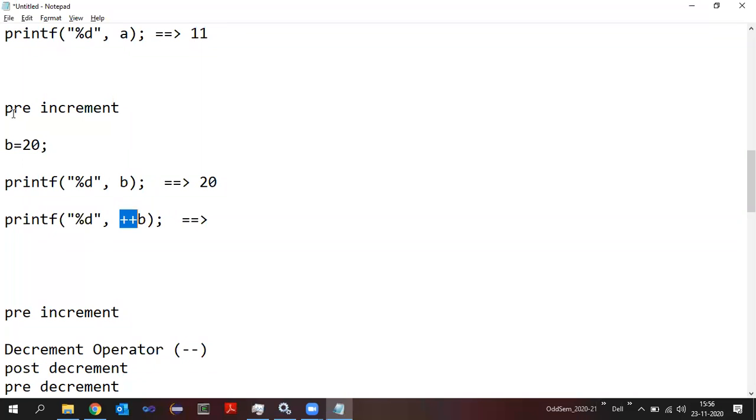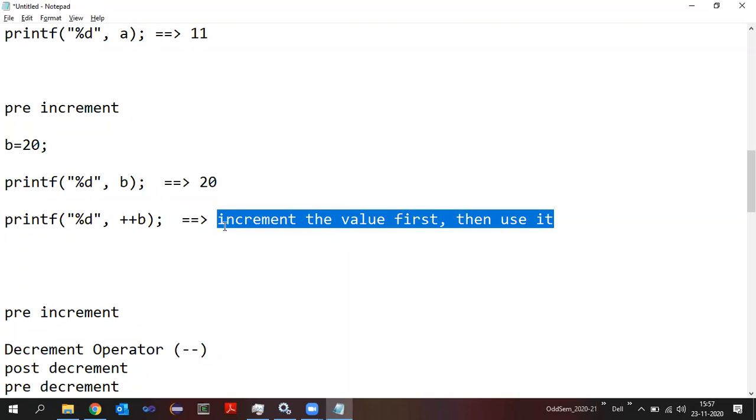It has to be called pre-increment. Pre means what? Before. Before increment means what? Increment the value first, then use it. Understand this one. Plus plus b, that is pre-increment, means increment the value first, then use it.